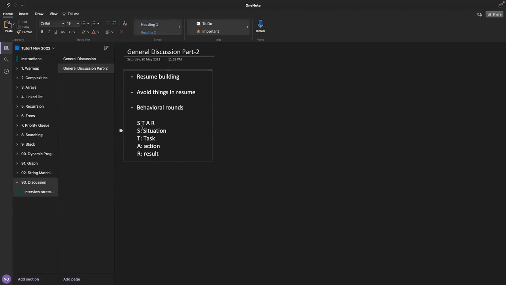So I can go like this. In our team, the documentation of the current code base was not good. It was taking much more time to understand the same thing. This is the situation: the documentation on the code base was not up to par. What is the task?